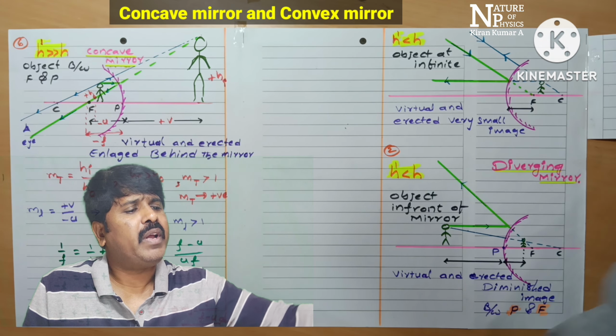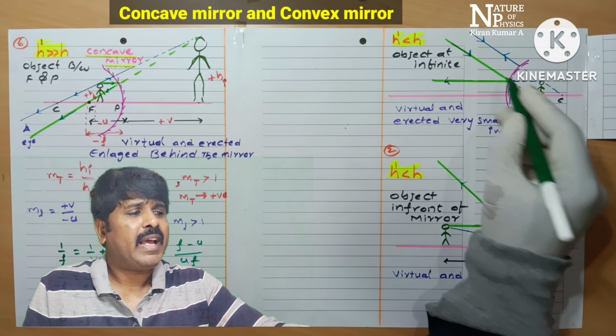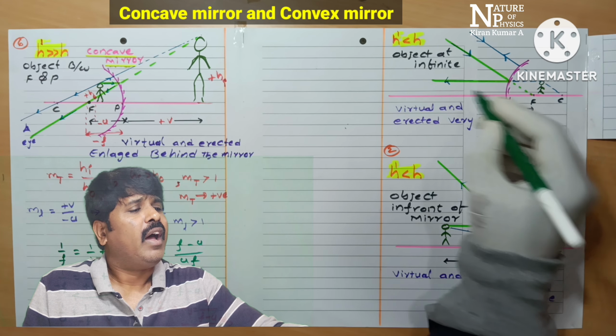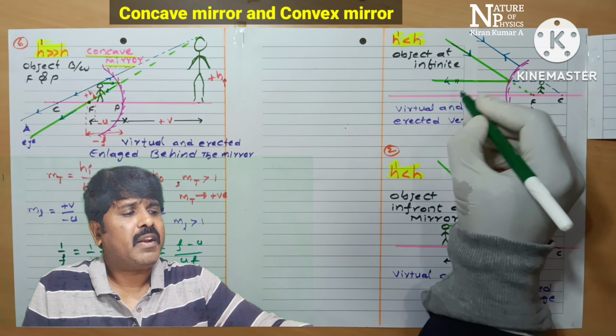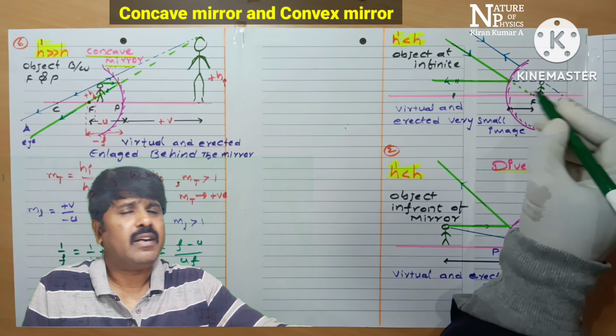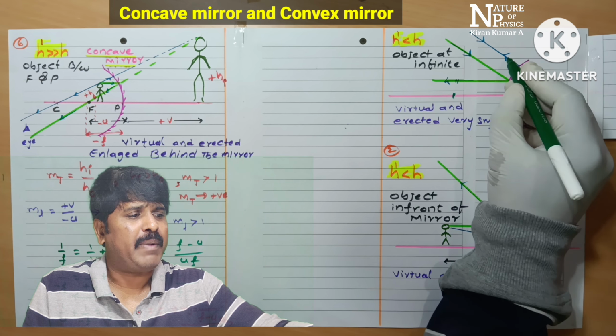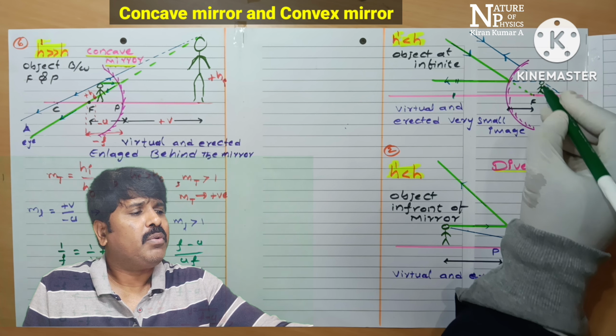And the next one is where the rays make an angle with the principal axis. The rays are parallel rays, and the ray directed toward the principal focus after reflection is parallel to the principal axis, and the ray passing through the center has no deviation, retracing its path. Extending that reflected ray gives the image.